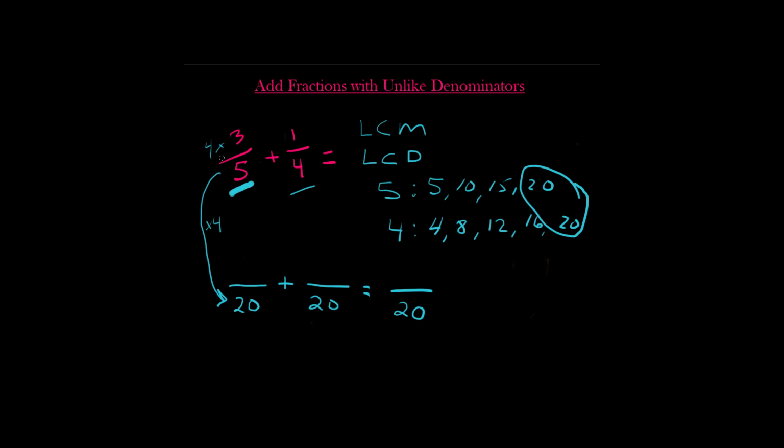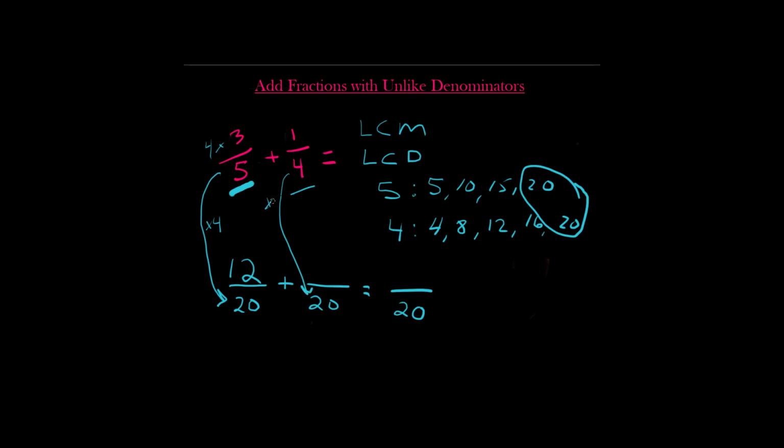We cannot do different numbers. So 3 times 4 is 12. So these are equivalent fractions. 3/5 and 12/20 are the exact same amount, but we're just representing them so that we can both have a 20 at the bottom.